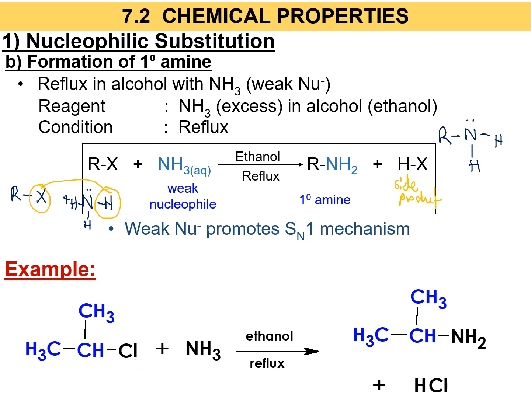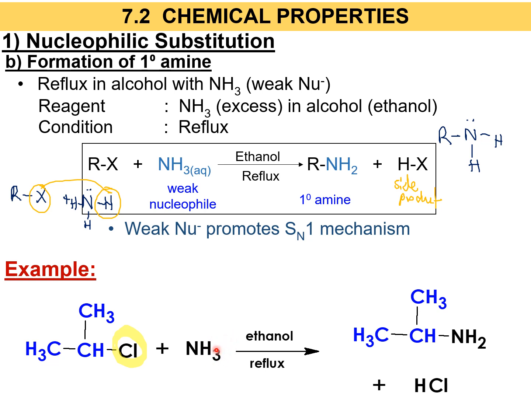Okay, bila you nak buat nucleophilic substitution, you will always replace your halogen dengan nucleophile. This is your weak nucleophile. Tapi you tak adalah nak masukkan NH3 kat sini semua. You kena buang one of the H here.